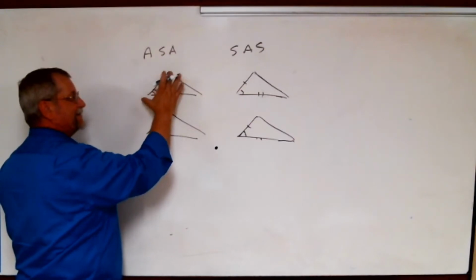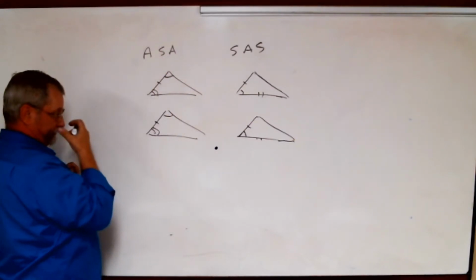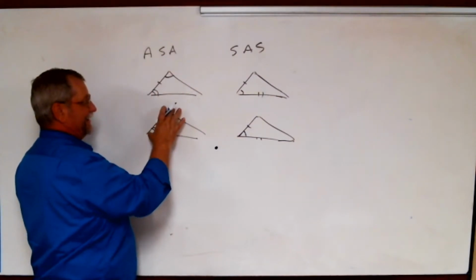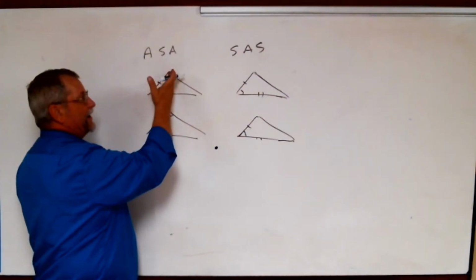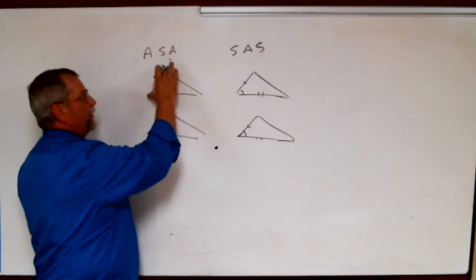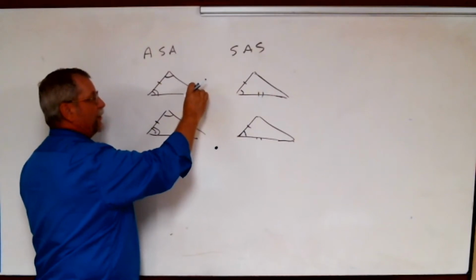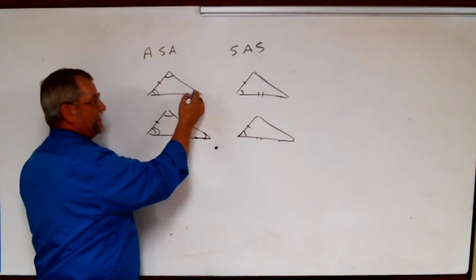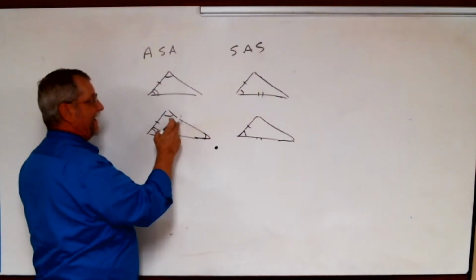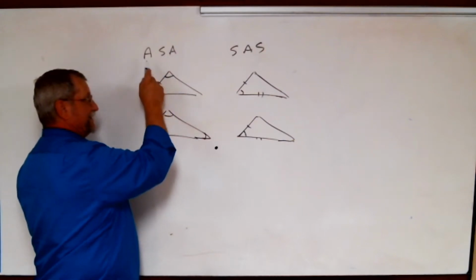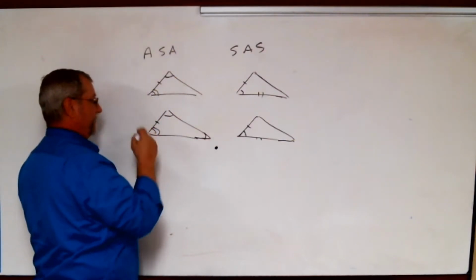The side is between the two angles. Again, if this is a set length, and this angle right here has to be what it is, and this angle has to be what it is, when we extend these two lines out, they will always meet at the same place. They will meet at the same angle, and this length will be the same, and this length will be the same. This is angle, side, angle.